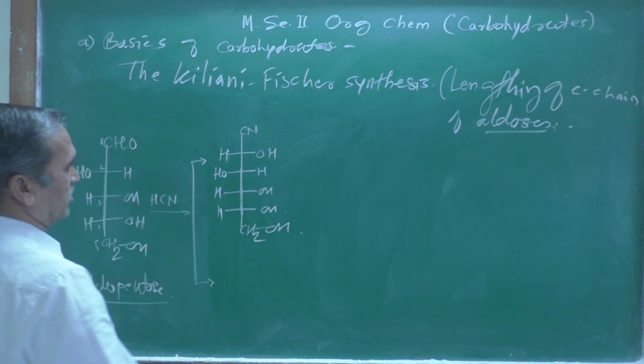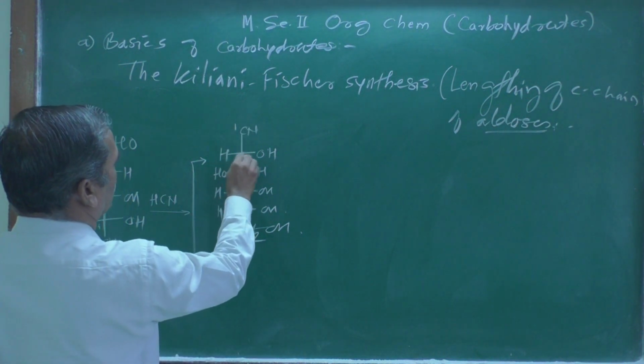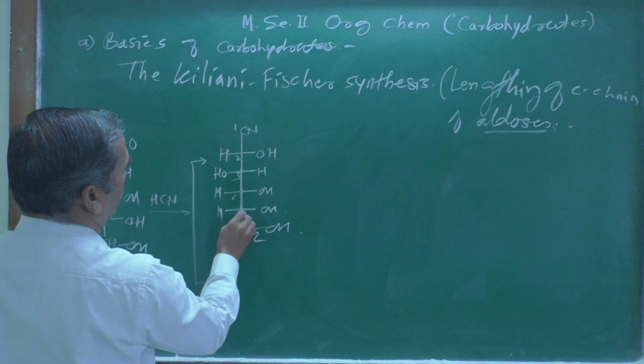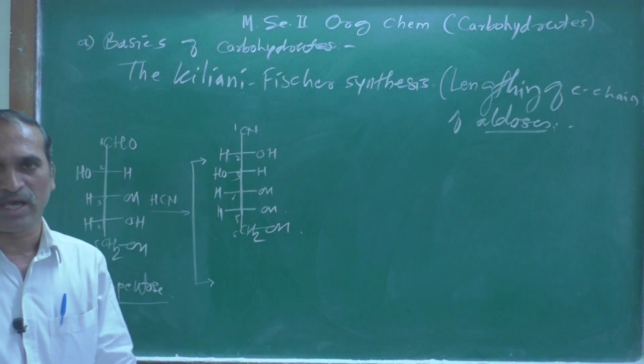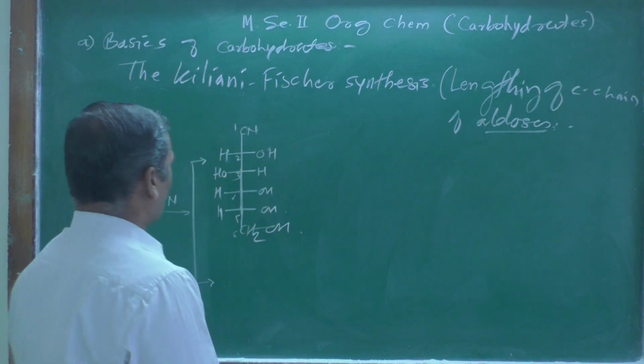If you look at this cyanohydrin derivative, there will be 1, 2, 3, 4, 5 and 6 carbon atoms, because we are trying to prepare glucose.